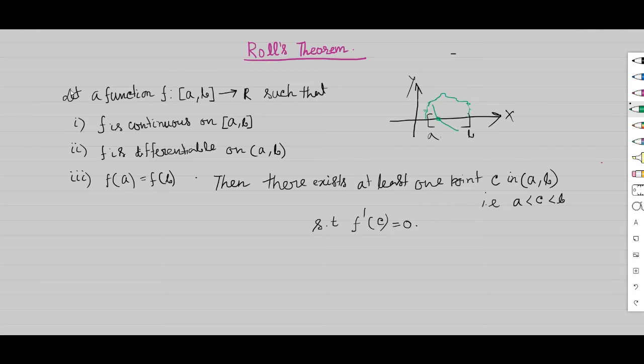So a polynomial is one kind of function which is continuous on any interval, which is differentiable also, and which has 2, 3 or many points which have same images.